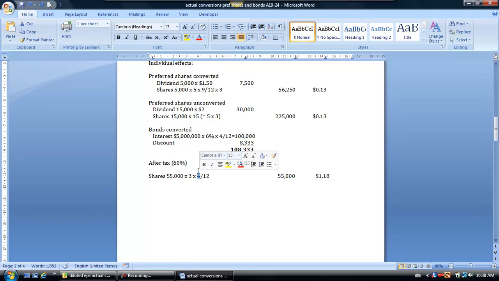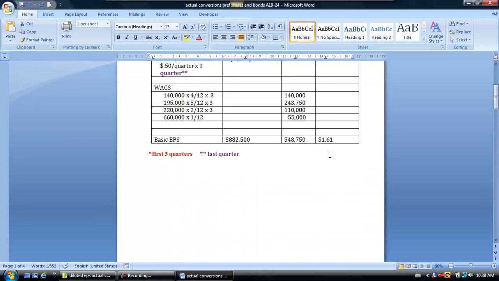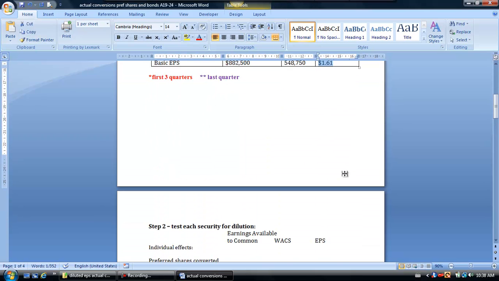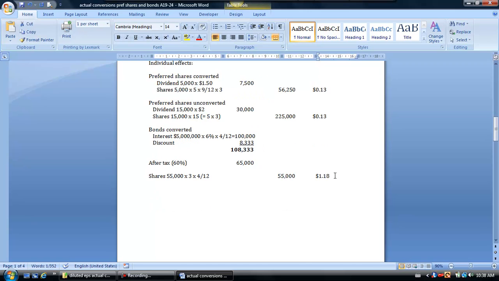January, February, March, April, we would have had them out there January 1st if they had been converted earlier. That would result in 55,000 in increased shares. So the EPS impact here would be 1.18. We know here that our basic is 1.61. So therefore, we're going to include that in our diluted EPS calculation.